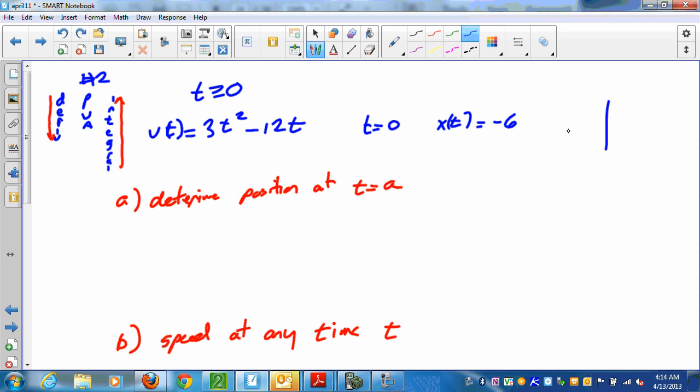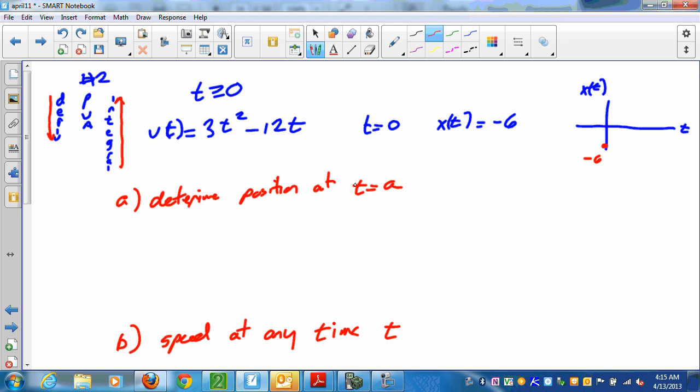So this is the position function. That's x of t. There's the position. This might be in meters, feet, whatever. It's not given to us at this time. And this over here is time. So initially this thing starts off down here at -6.